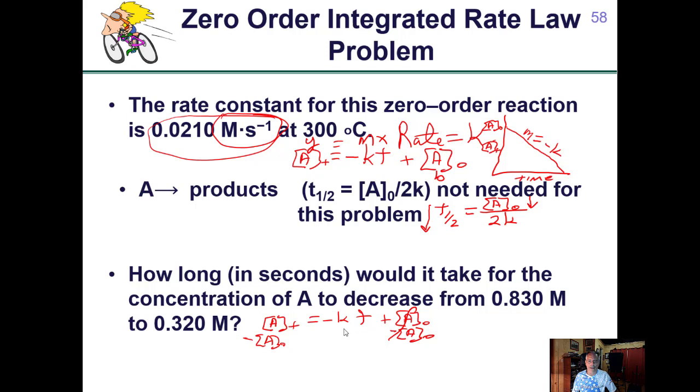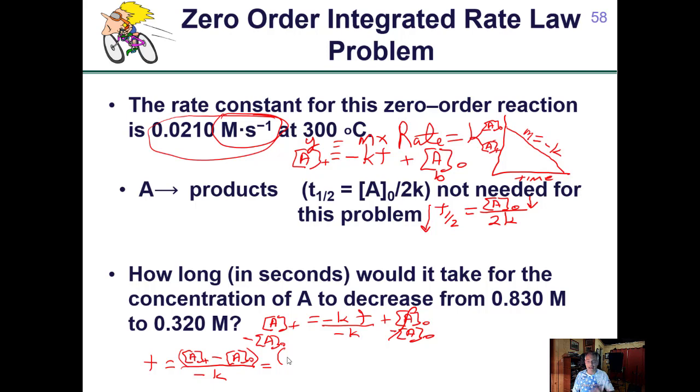And then we'll go ahead and divide both sides by minus K. So that's going to give us time is going to be equal to A at time T minus A naught divided by minus K. And all I have to do is plug my values in. Now just make sure this is a subtraction, that if you're going to do this all in your calculator at one time, just put parentheses around these values.